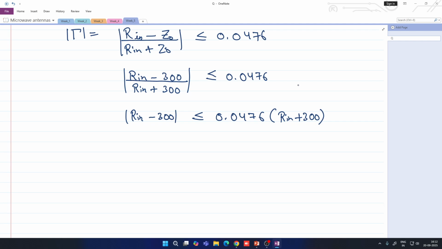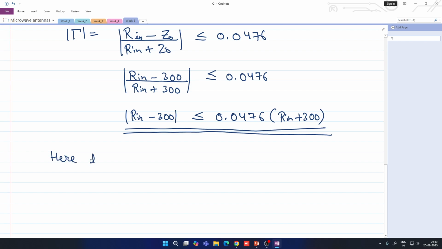Now if we look at this, there are two possible cases here. Case 1, when the input impedance of that antenna is less than 300 ohms.